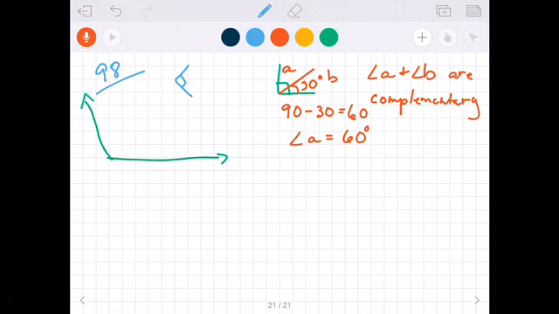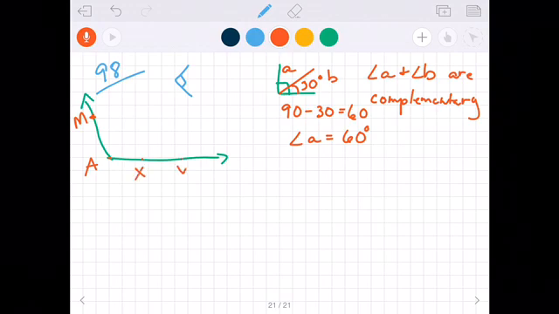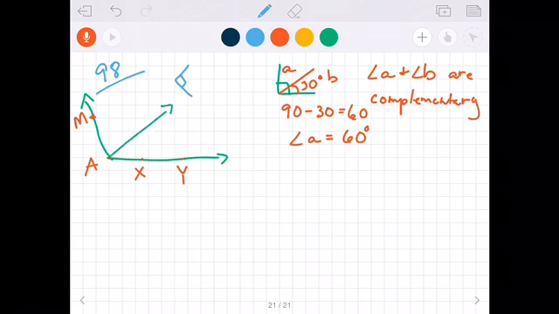I'll make my points in red so they're easy to see. This is M. The vertex is A. It's where the two rays come together. Here's X. Here's Y. And then we have another ray drawn out from there, and it has points B and C.